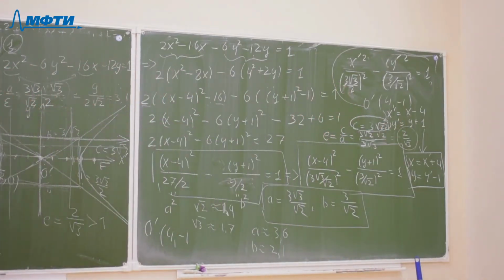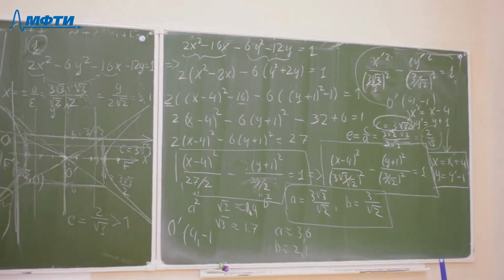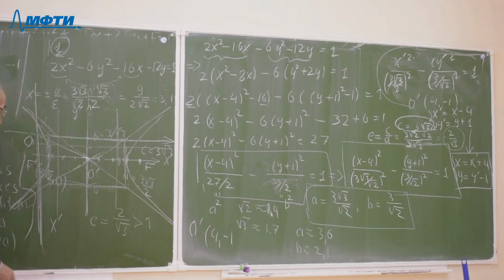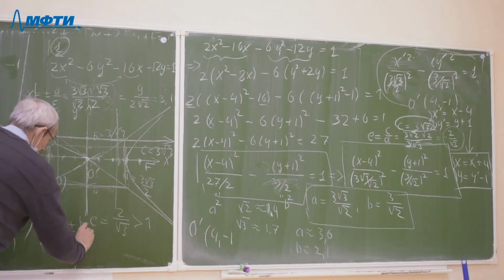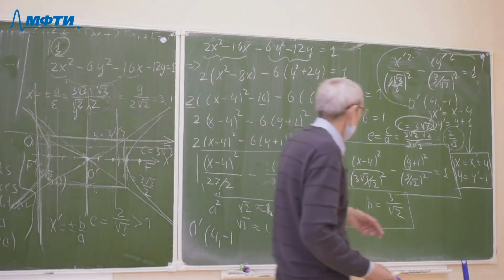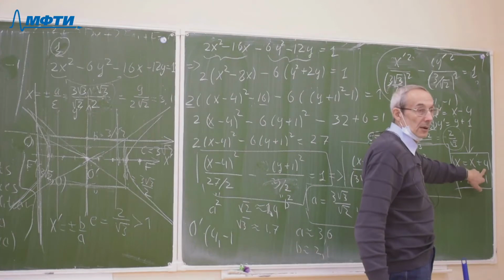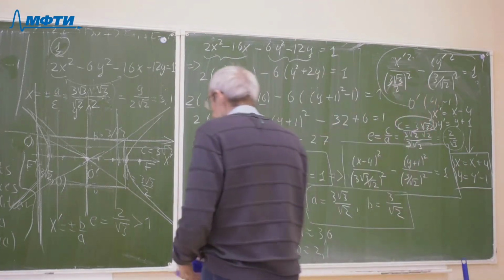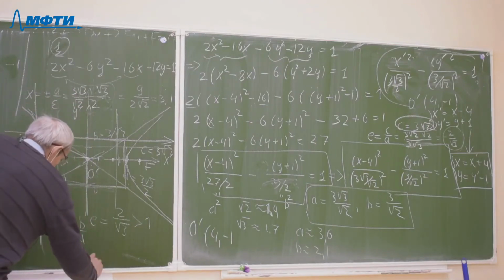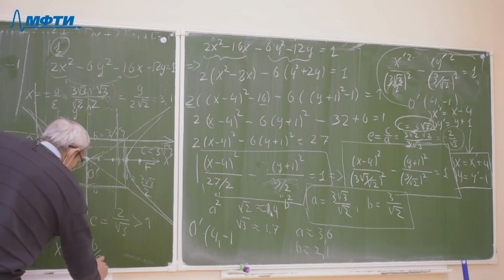In the same way I can compute the other parameter, the equations of the directrices. In the new coordinate system, the directrices have the form x equal to plus or minus the ratio b over a. In the new coordinate x, we add 4, and in the old coordinate system we obtain plus or minus the ratio b over a, plus 4.